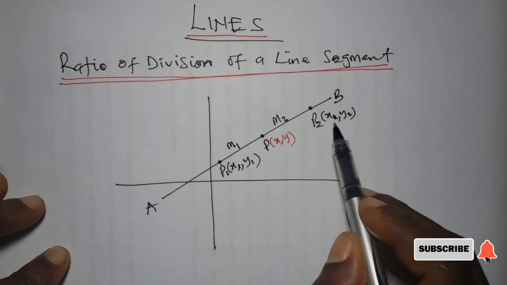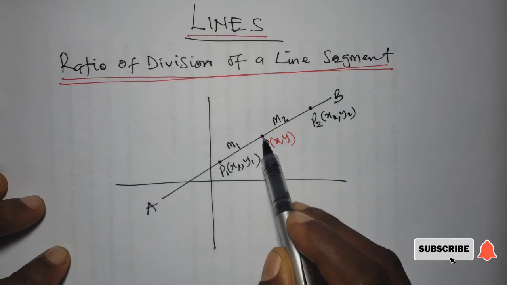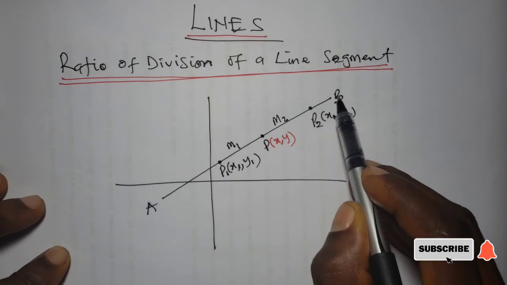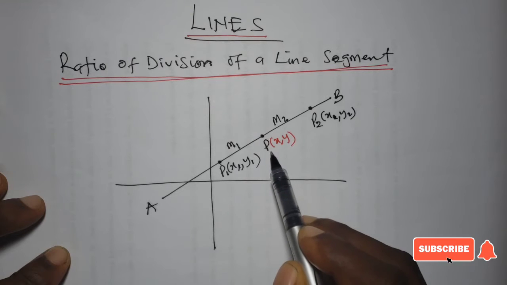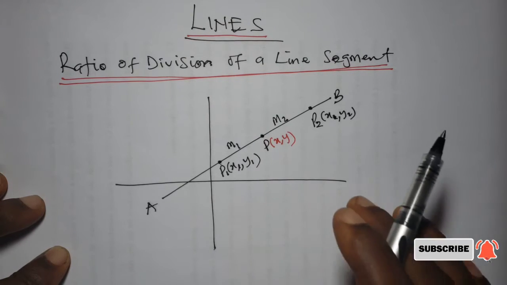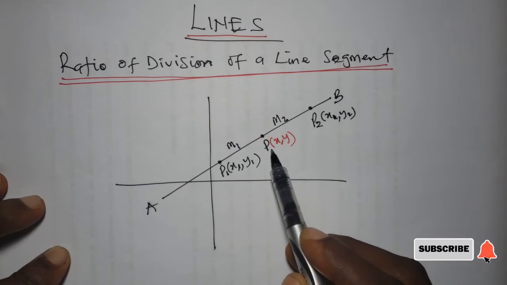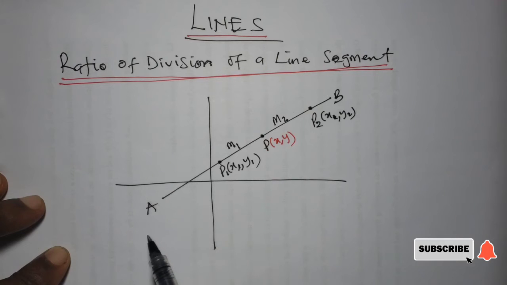P2 has coordinates x2, y2, which is also known. Now this point that divides the line AB internally has coordinates x and y, which are not known. So in today's class, we want to learn how to get the coordinates of this point P.